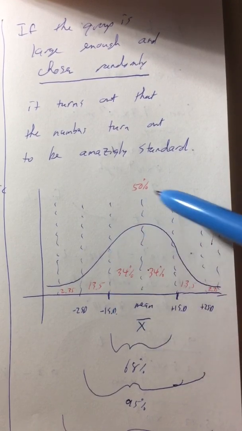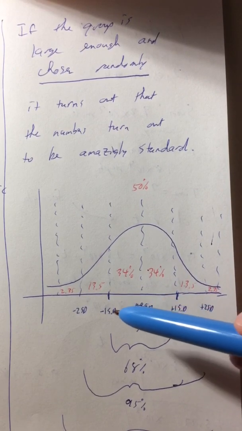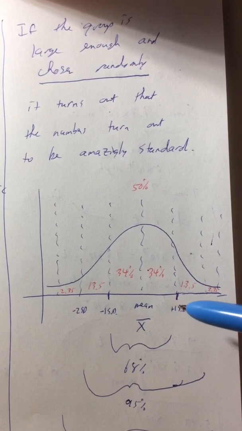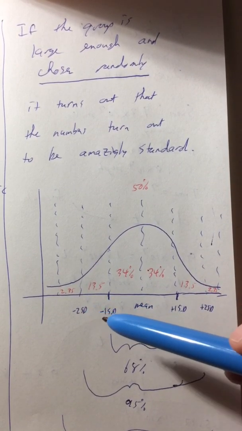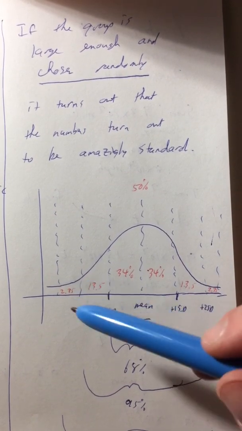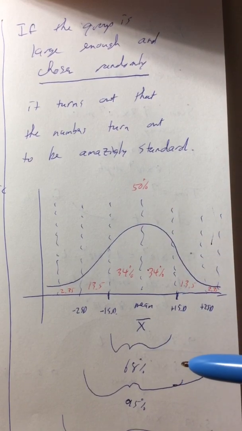So 68% of people are considered to be average. Remember I talked about if we get past 1 standard deviation, in other words, past 2 inches, we start to go, that person looks unusually tall, or that person looks unusually short. They're not average anymore. They're either above average or below average in their height. So the middle here is 68%.